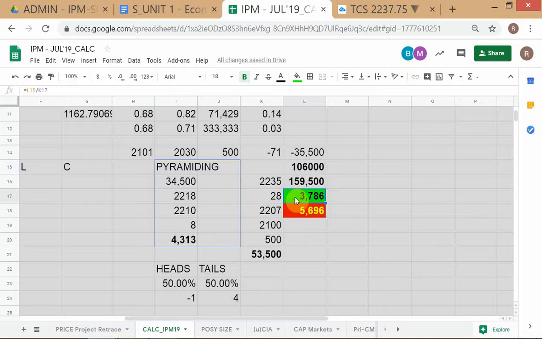So therefore the position size that you can afford to buy is 106,000 divided by 28. This is because the dollar risk per trade is coming from the risk capital allocation, which could be in Japanese yen. I'm giving you the example here in US dollars, and your P&L is also in US dollars, so there you can make this calculation.